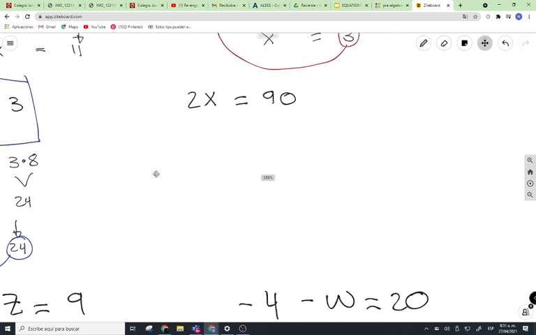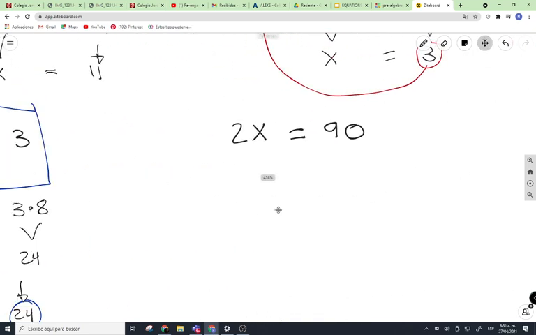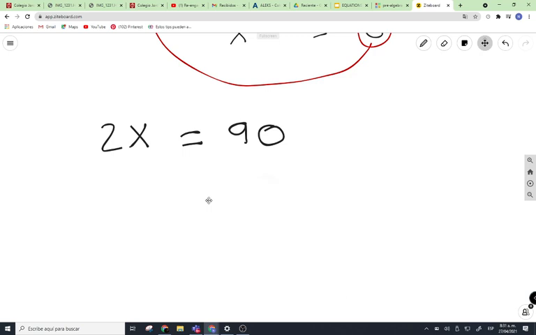Now let's see what happens when you have a multiplication. Okay? In this case, you have to get used to seeing numbers and letters together like this. If between them there's nothing, you have to assume that this is a multiplication, okay? And the opposite of multiplication is a division. So in order to get rid of this 2, you have to divide by 2.